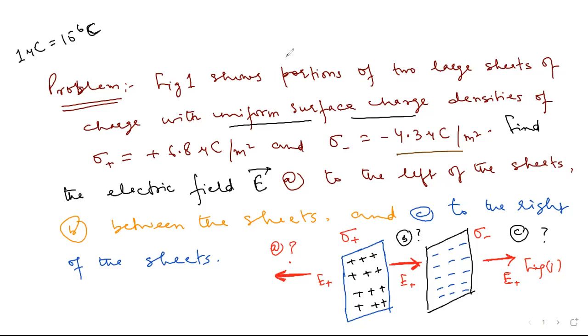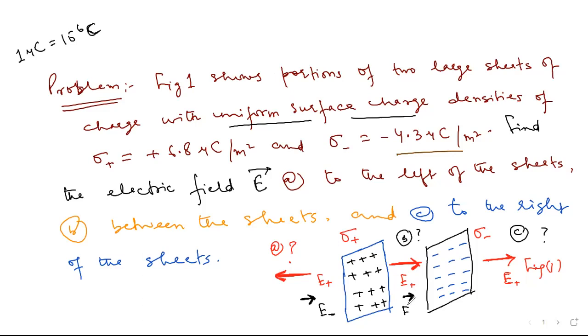Now let us show E negative vector with a different color. Electric field due to negatively charged sheet is towards the negative sheet. So it is like this. This is E negative. Here it is towards the sheet.